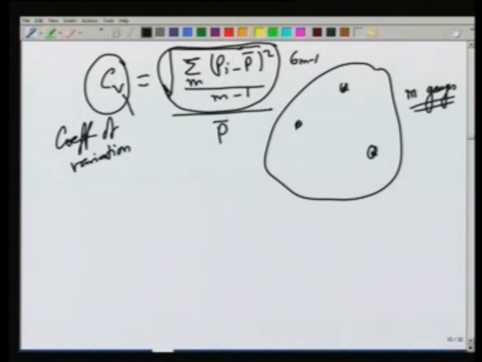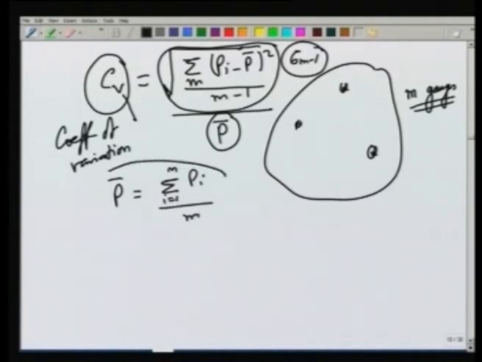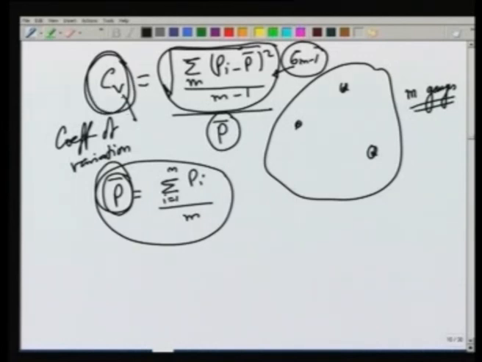So, CV tells us standard deviation as compared to the mean precipitation, where P bar is the mean precipitation, which can be obtained as the summation of P_i from 1 to M, over M. So, if we have M number of gauges in the area, we can find out the mean precipitation using this formula. We can find out the standard deviation using this, and then we can find the ratio of those as the coefficient of variation CV.